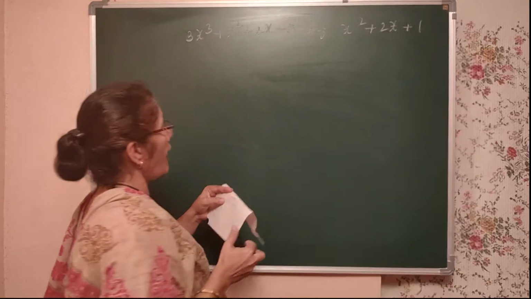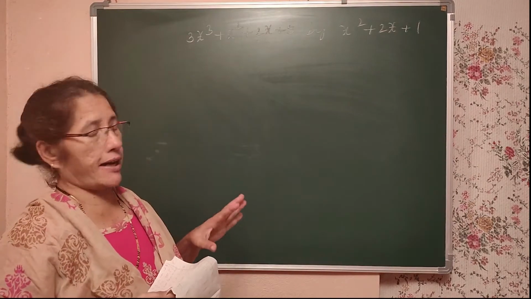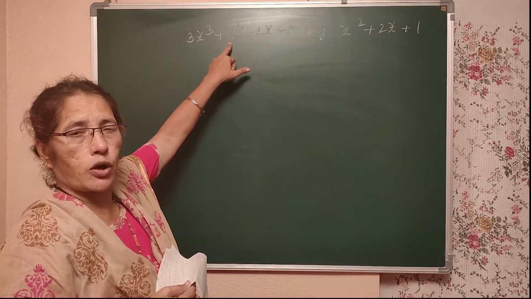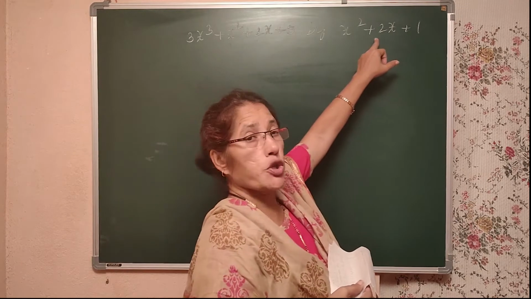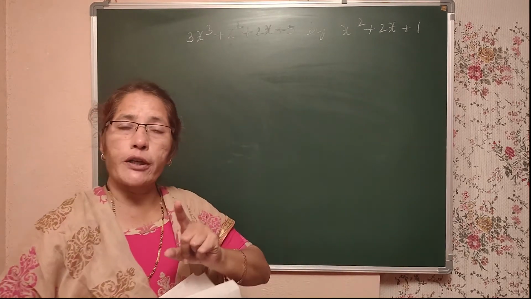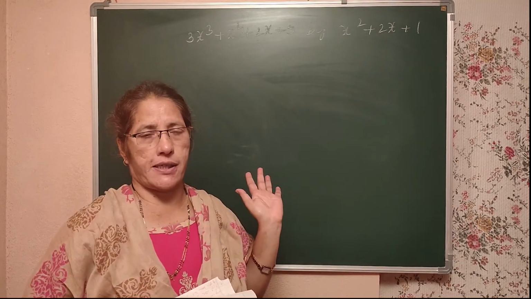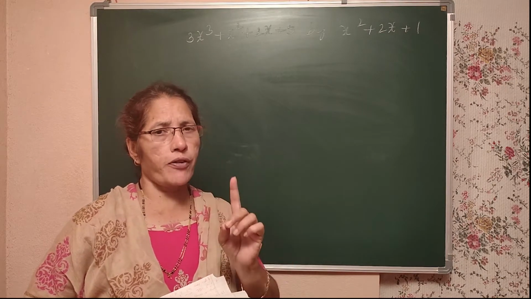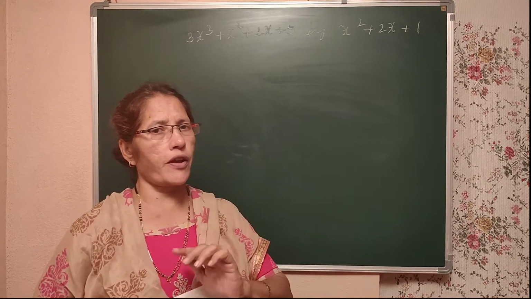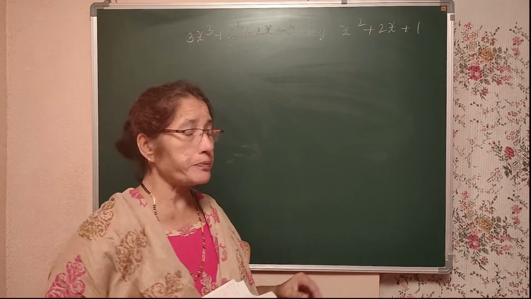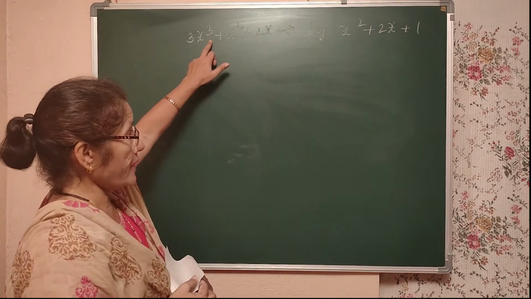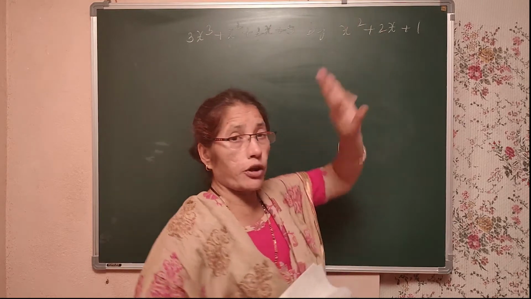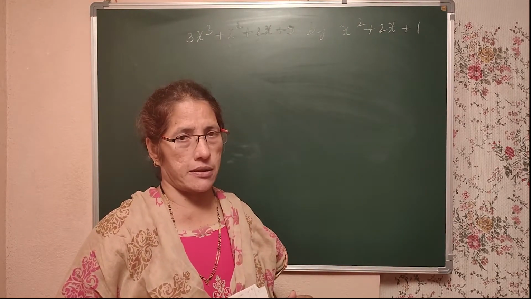As they have given it like this, you have to understand: this is called p of x, this is g of x. So you have to find out q of x and r of x. And if you want, you can verify by the formula p of x is equal to g of x into q of x plus r of x. So dividend, divisor, and you have to find out quotient and remainder.